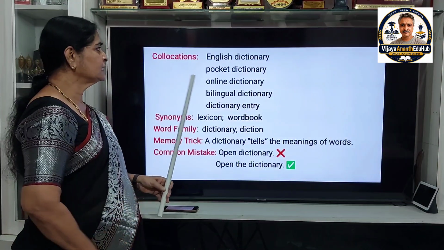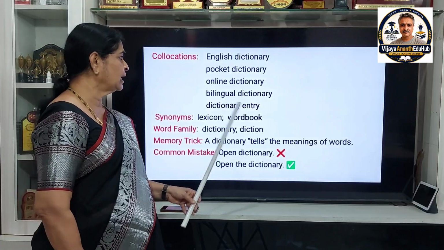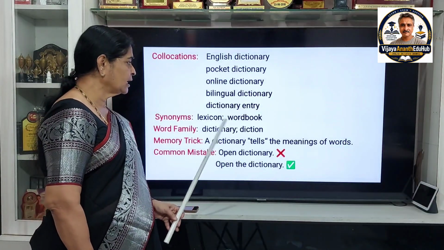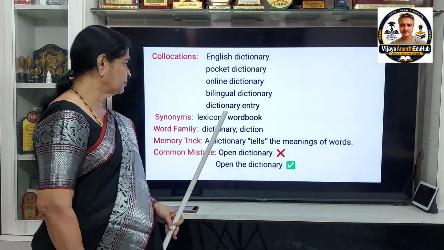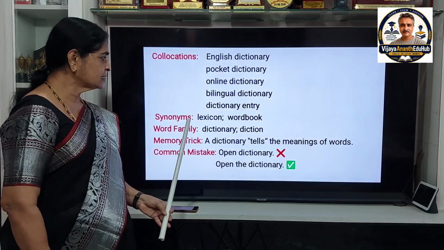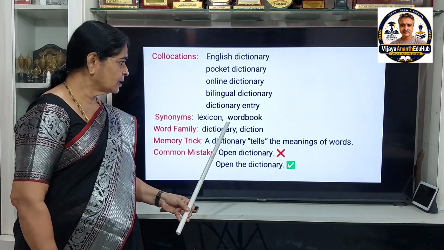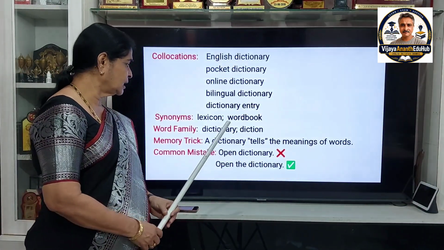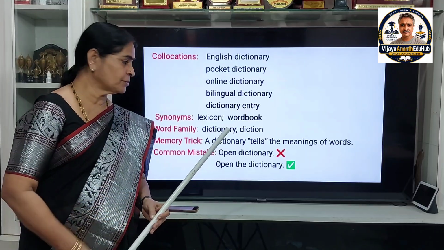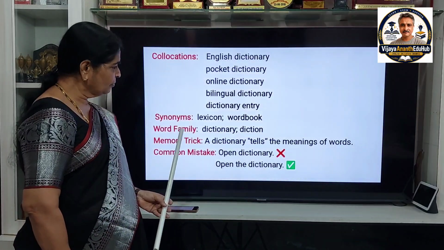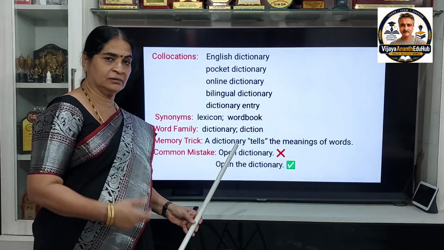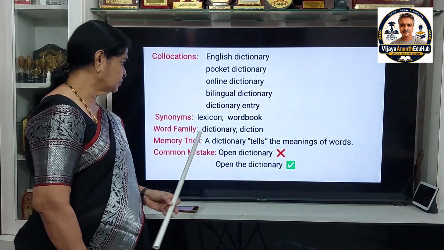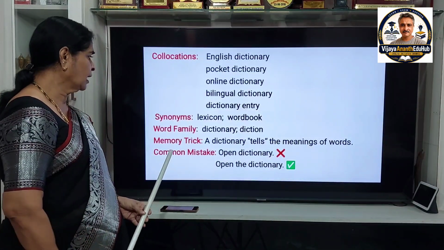Collocations are English dictionary, pocket dictionary, online dictionary, bilingual dictionary, dictionary entry. And synonyms are lexicon, word book. They give a similar meaning. And the word family is again dictionary or diction. These two are taken from the word.